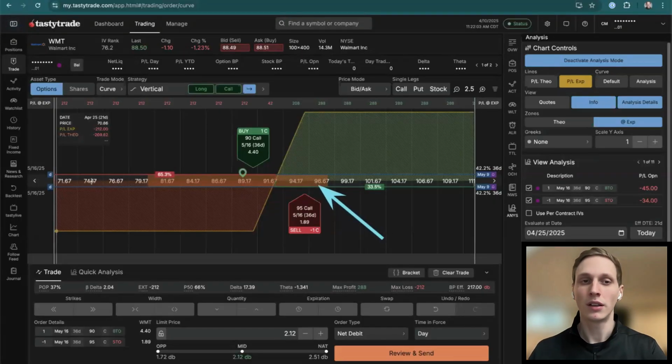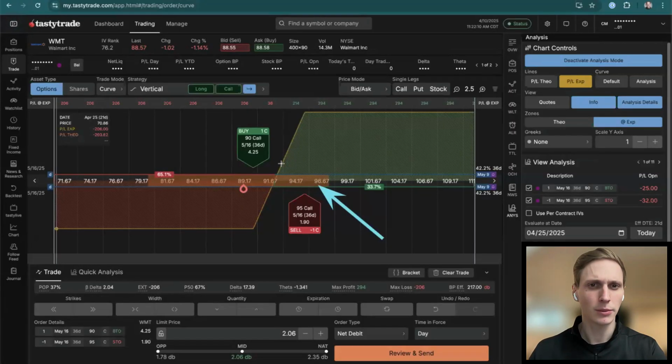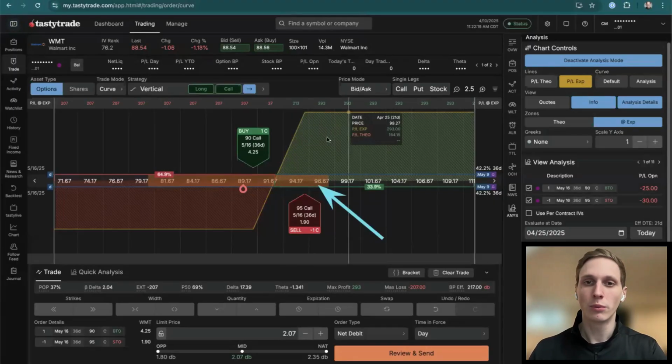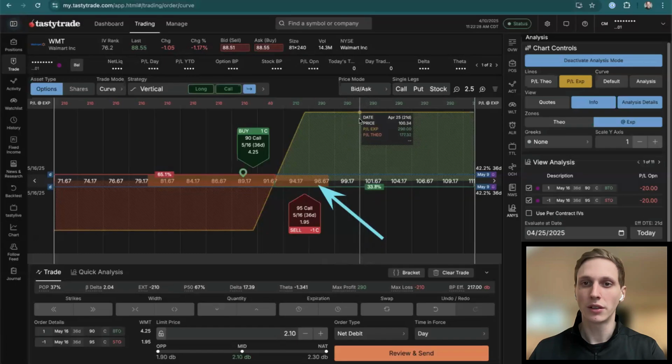So here on the x-axis, this is showing us the different prices of Walmart right now. It looks like this might be a bit of a janky expiration, honestly, but we'll keep it for now. You can see the price for Walmart, and it's saying, if Walmart were to trade up to about $100.30, we could see that our profit or loss at expiration caps out at $293.